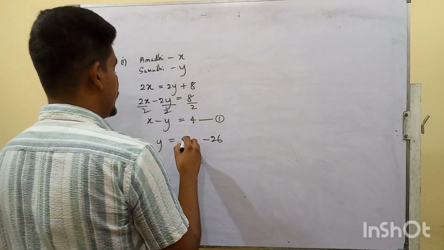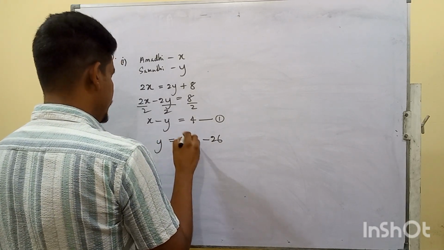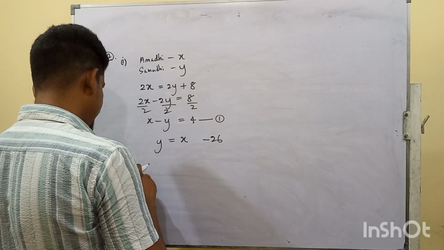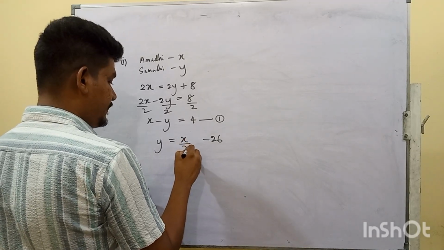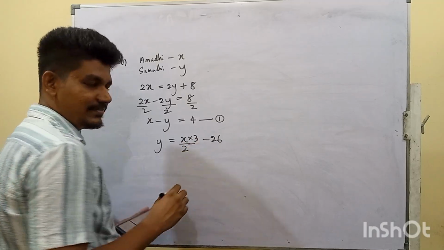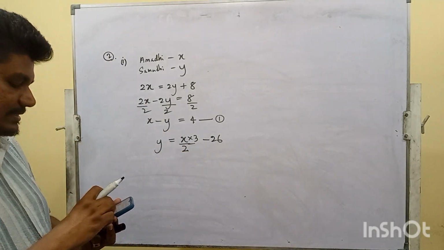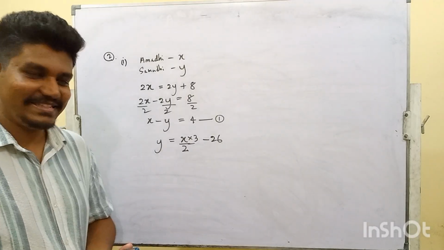Amadi answered x number of questions, no? Then it says half of 3 times of x, no? Half of 3 times the number of questions Amadi answers correctly. Right? That's the equation.